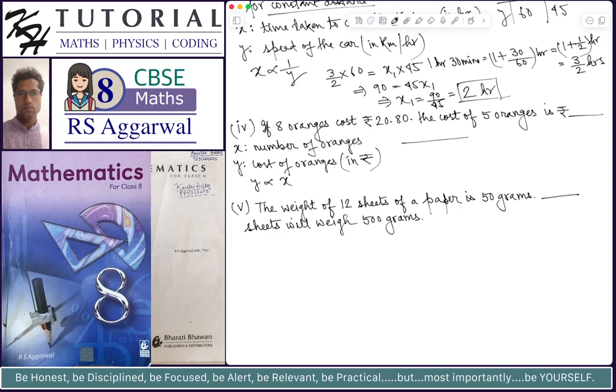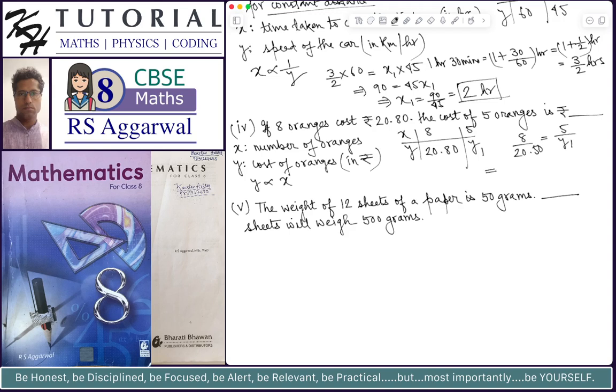So now if we create the table of x and y, it is given that the cost of 8 oranges is 20.80. It is asking what will be the cost of 5 oranges. So let's say the cost is y1. Since the quantities are directly proportional to each other, we must have 8 by 20.80 is equal to 5 by y1.